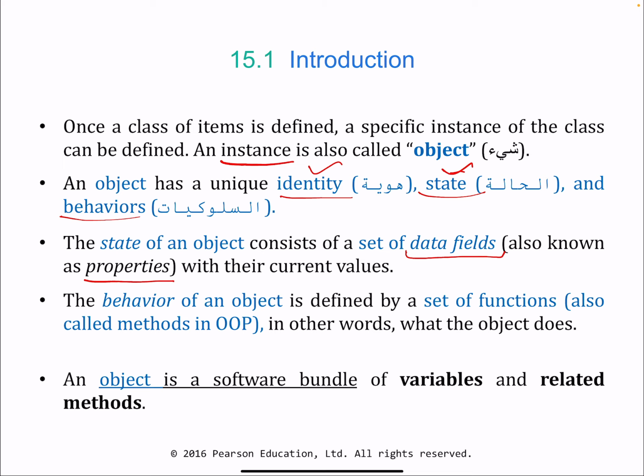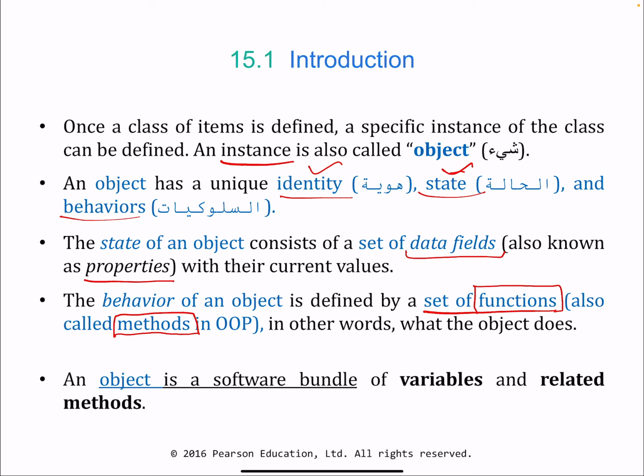Now, the behavior of an object is defined by a set of functions, and in the context of object-oriented programming languages, we use another term for functions that you should become familiar with, and that term is methods. What we have been calling functions so far, another term for that is method.